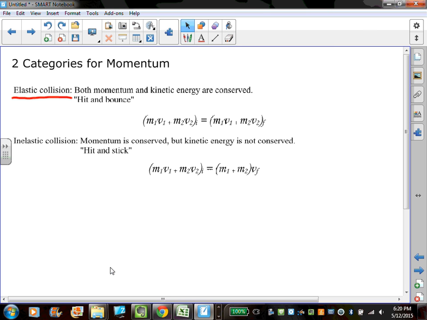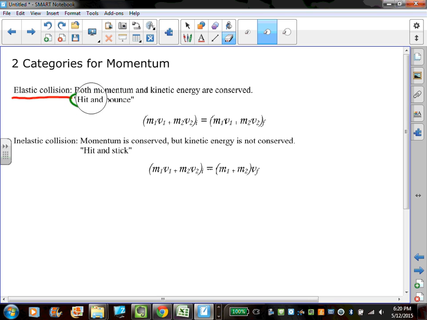We were using the red carts, and we were always using the plunger end of one of the carts, which means that these carts were always bouncing off of one another. And anytime we've got something that is going to hit and bounce, we have the possibility of having an elastic collision. Usually that hit and bounce is a key word that tells us we're looking at an elastic collision. Okay?